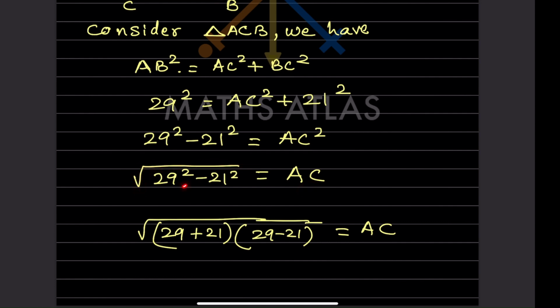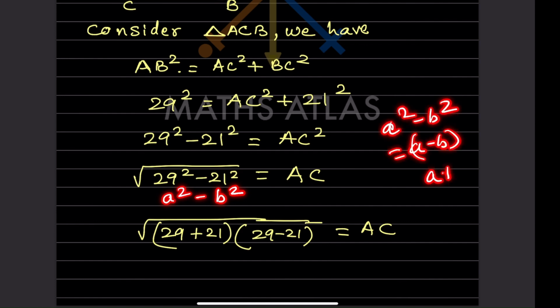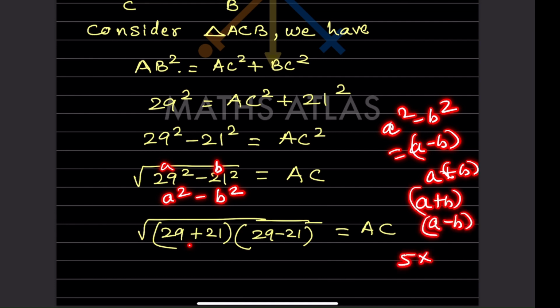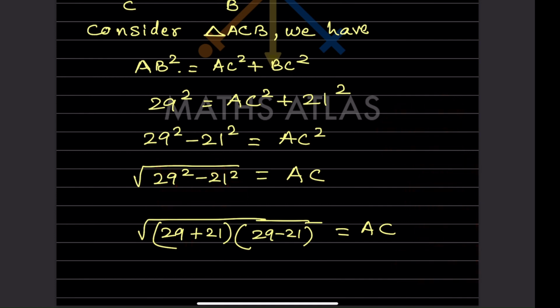Now this is in the form of A square minus B square. You know the formula, A square minus B square is A minus B and A plus B. You can also write as A plus B and A minus B, both are the same. Because 5 into 3 also is 15, and 3 into 5 also is 15. So you can write it anyways.